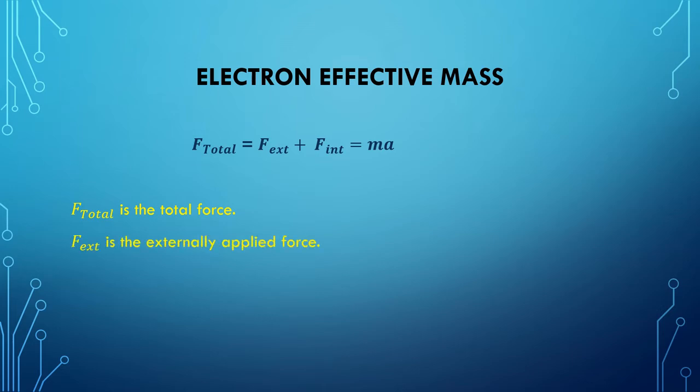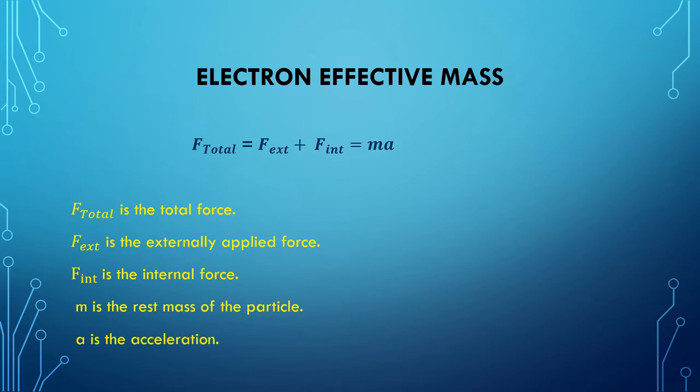So what is F external? Externally applied force. What is F internal? That is the crystal inbuilt force due to positively charged protons and ions and negatively charged electrons, and that is equal to ma, where m is the mass of the particle and a is the acceleration.